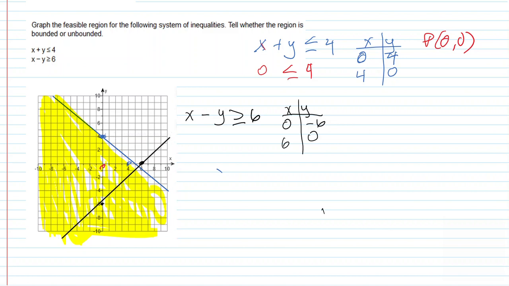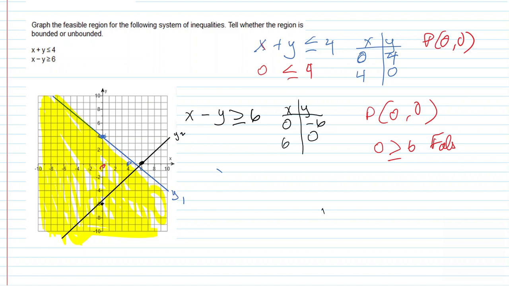So this is my Y2, and this guy is my Y1. I'm going to do 0, 0 again for my test point. And so I have 0 is greater than 6, and that is false. So it's not above, it is below that line.